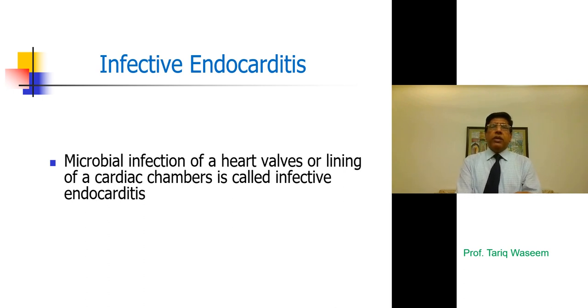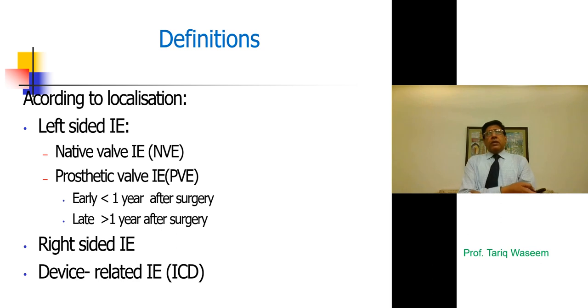By microbial, we mean that it can be bacteria, it can be fungi, it can be rickettsia, it can be many small organisms, or say microorganisms. This infective endocarditis can be defined based on the location, like we made calls in terms of left side infective endocarditis.